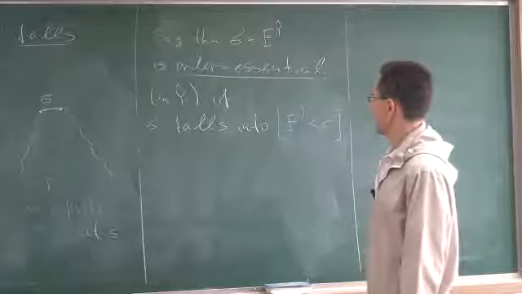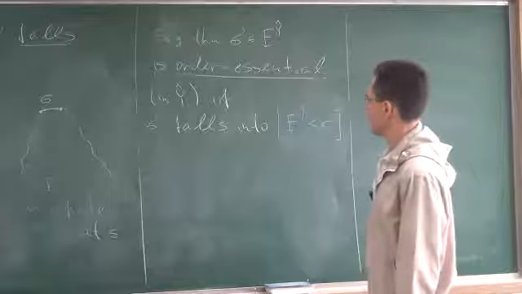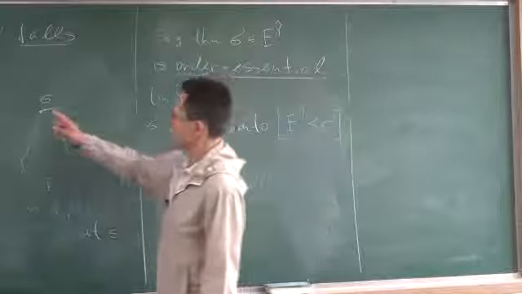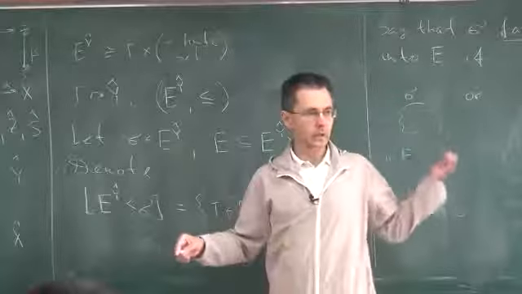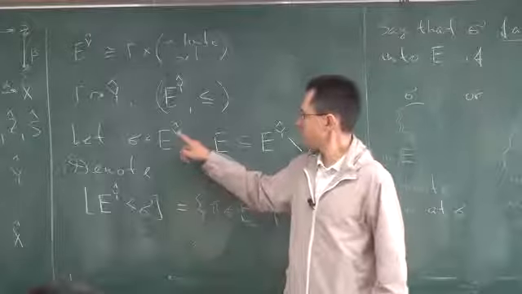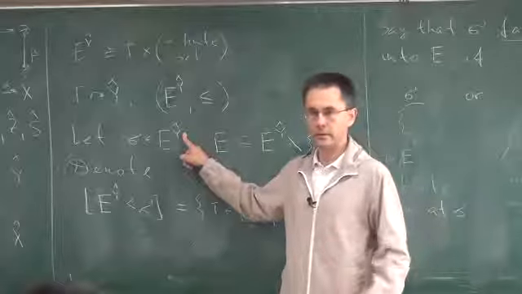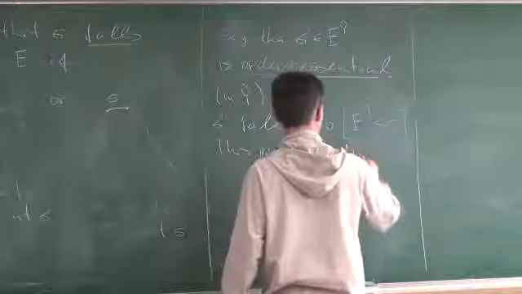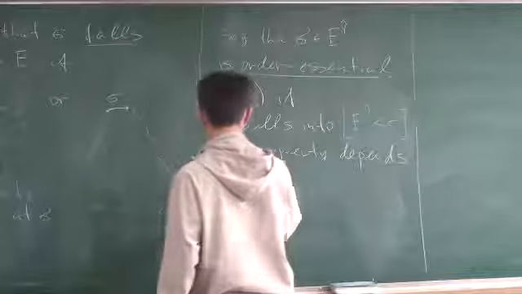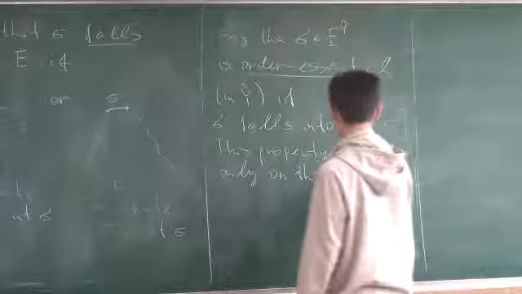The first thing to observe is that this property really depends only on, so sigma was an edge in y hat, and the property of being order essential depends not on y hat, but only on the component of y hat that contains sigma. So this property depends only on the leaf, right?